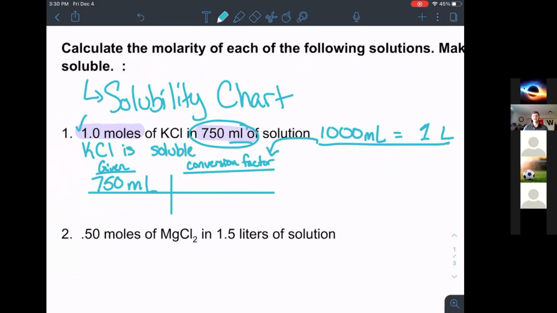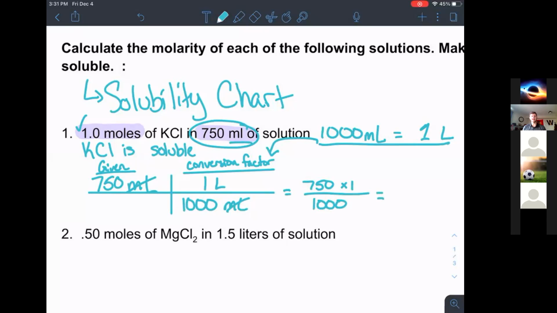Do I put my 1,000 milliliters on the top or on the bottom? Bottom. On the bottom, because we want those units of milliliters to cancel. That means the 1 liter goes on top. Those milliliters cancel, and we do 750 times 1 divided by 1,000.